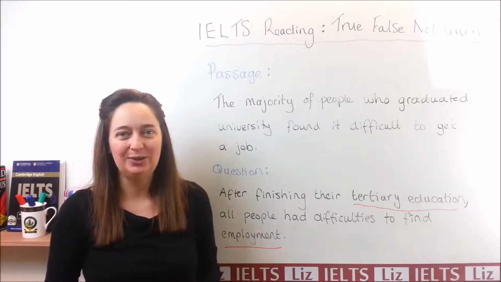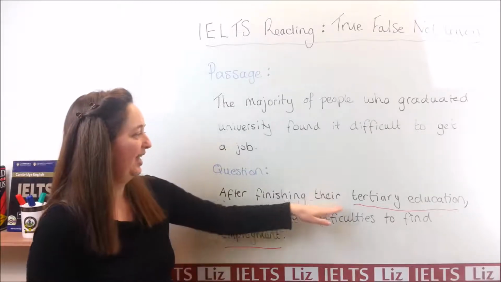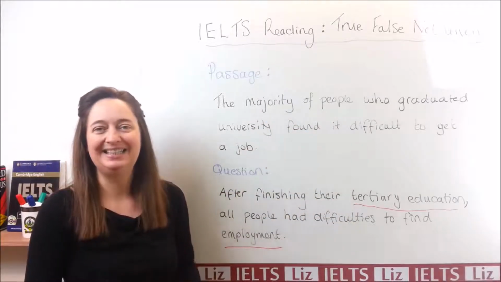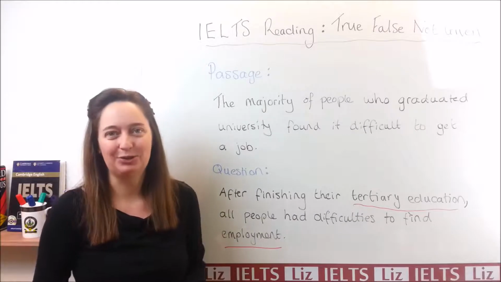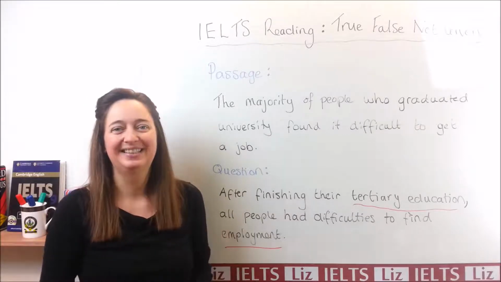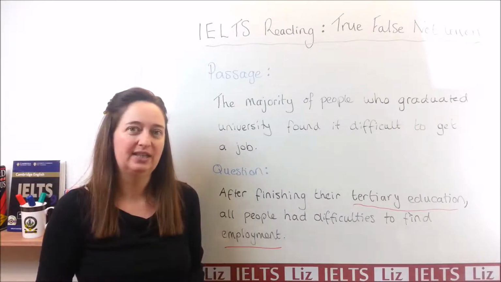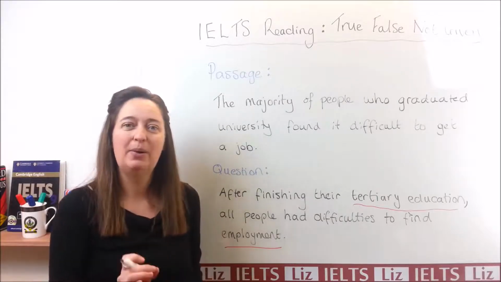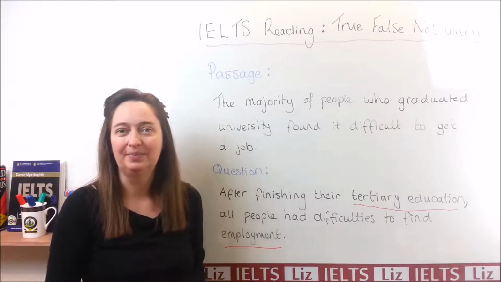Now, many students can see that a lot of the information is matching, and immediately they decide the answer is true. But you need to be more careful than that. It's not about matching keywords, it's about matching all of the meaning.